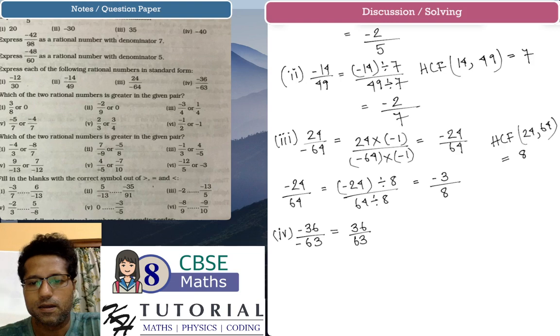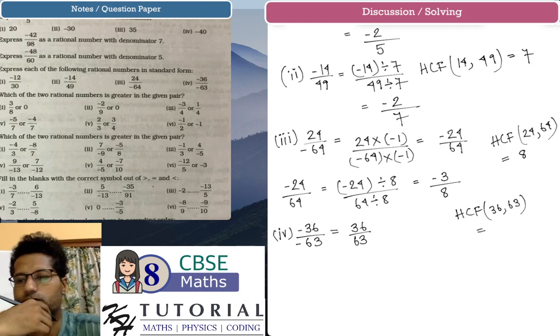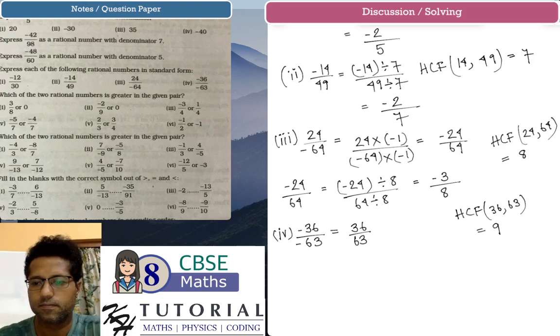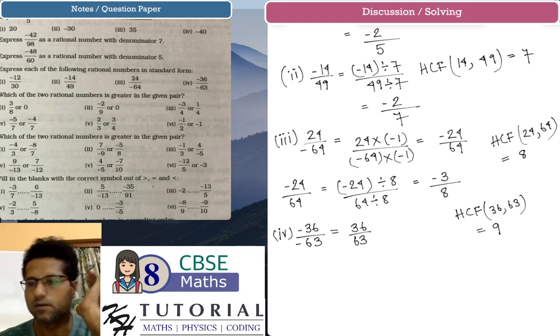Okay, now we can see that the HCF of the numerator 36 and the denominator 63 is not equal to 1. Now what is the HCF? The HCF of 36 and 63 is 9.